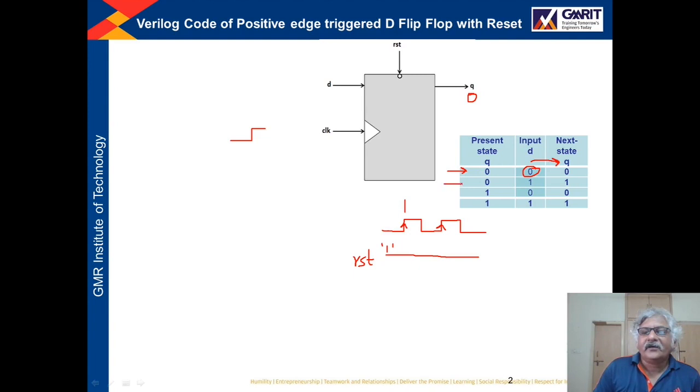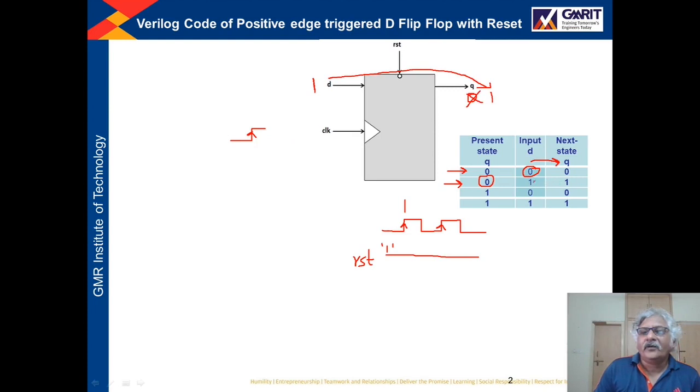See the next condition. If present state is 0, right now it is 0 here, and D input is 1, right, and this positive edge of the clock is detected, so at that time this 1 will be transferred to the Q, so Q will become 1.